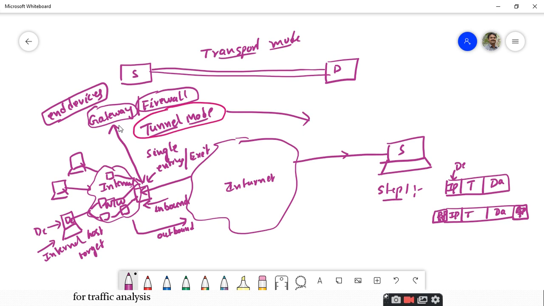Then this entire thing is encrypted. This is ciphertext from here to here, and authentication data is added. It is not mandatory, it is optional, so the authentication data may be added.